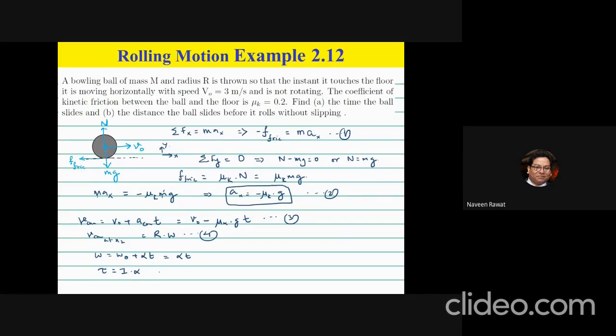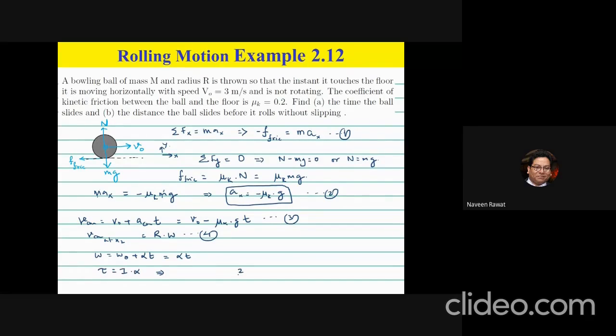So what are the forces acting in the system? There is only frictional force acting in the system, and that is creating this torque. Torque we know is R cross F, right? I is 2 by 5 m R square.